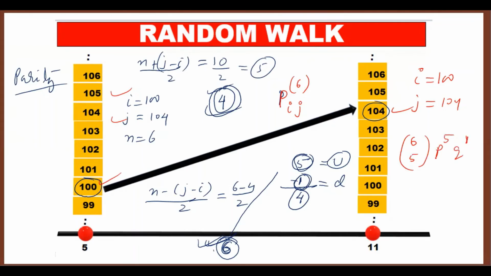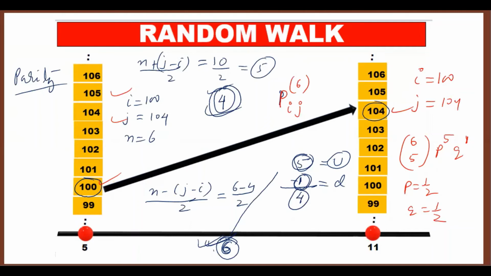And p is the up probability. If nothing is given, you can take p half, q half. This is a symmetric random walk. If p is not given, you can take the probability of moving to the next stage, the probability that it will get an increment.